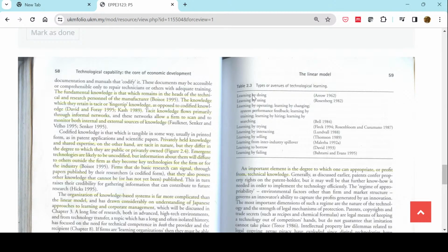Another one is not listed here: learning by imitation. I want to say that China developed its technology at the beginning with learning by imitation, and the same went for Korea as well.